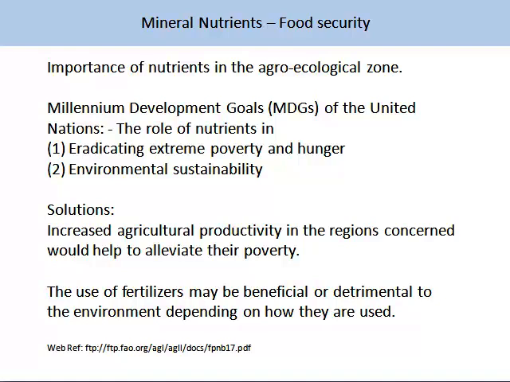The solutions that were proposed in this report was that increased agricultural productivity in the regions concerned would help to alleviate their poverty. The use of fertilizers may be beneficial or detrimental to the environment depending on how they are used. It is important to understand these relationships and get this right.